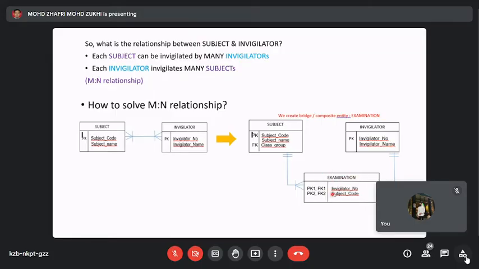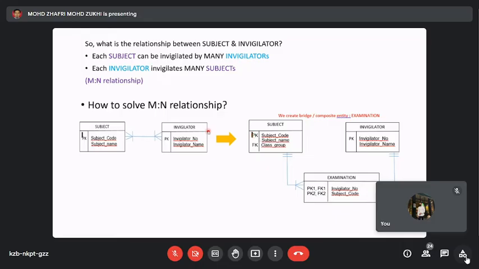You can put these two first: primary key and foreign key one is the invigilator number, and primary key two and foreign key two is the subject code here. So the problem of the many to many relationship has been solved. From here we have one to many, many to one.